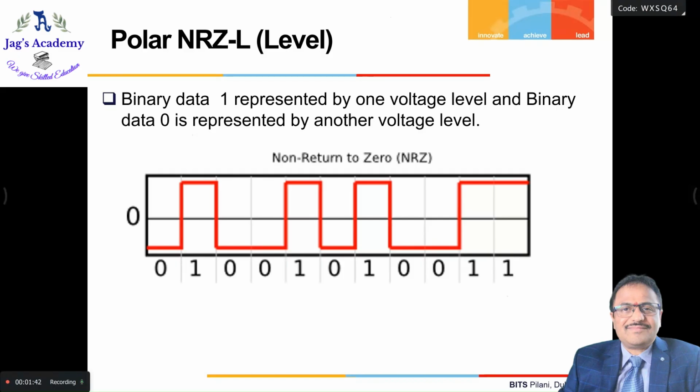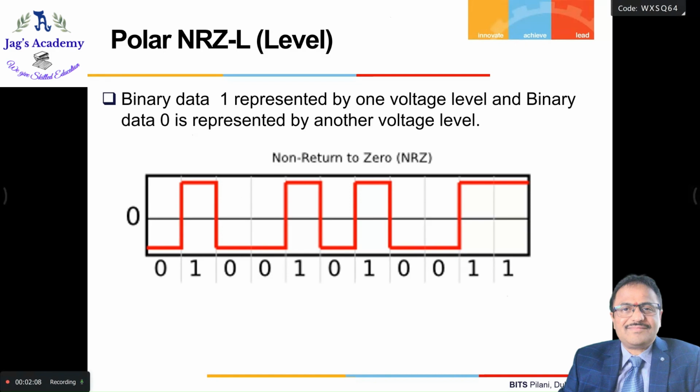Now, polarity. There is a polarity for zero, and there is a polarity for one. So your one is represented by one voltage level, and zero is represented by another voltage level. What is the example?